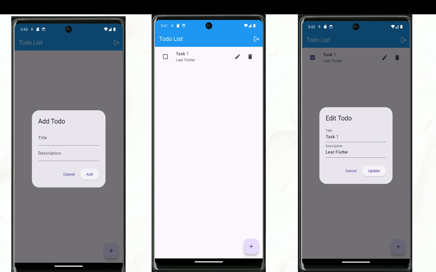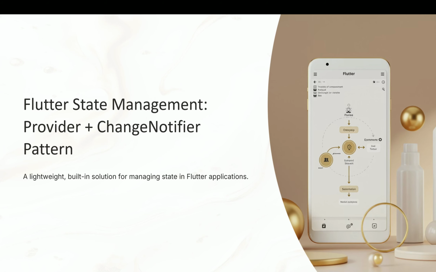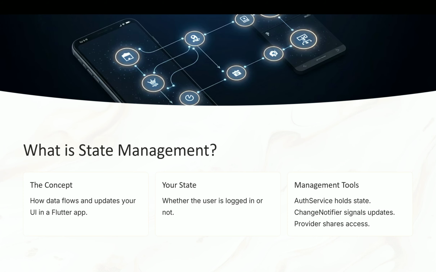So how will the Flutter app know about this flow of data? This concept is called state management. So basically, what is state management? State management is how the data flows and updates your UI in a Flutter app.